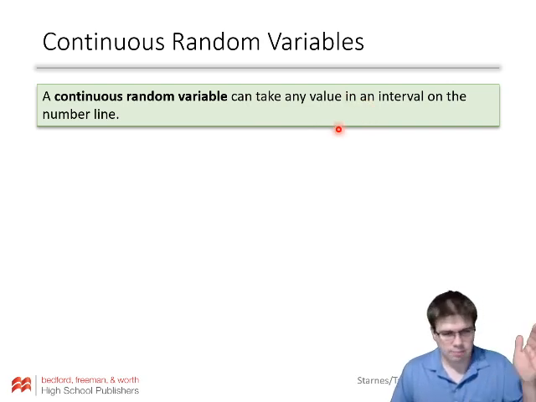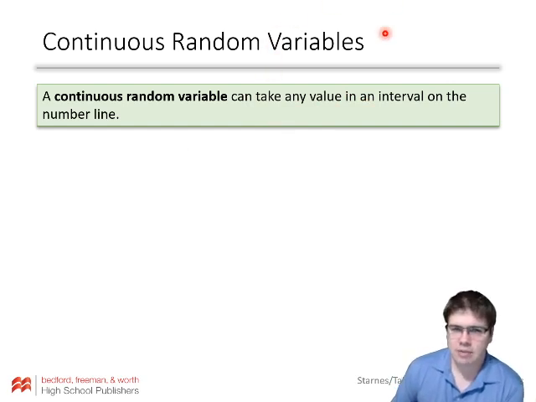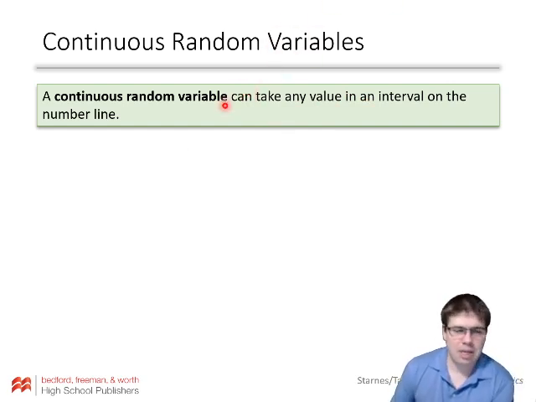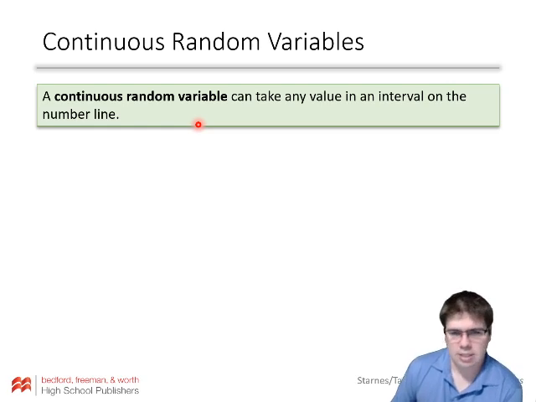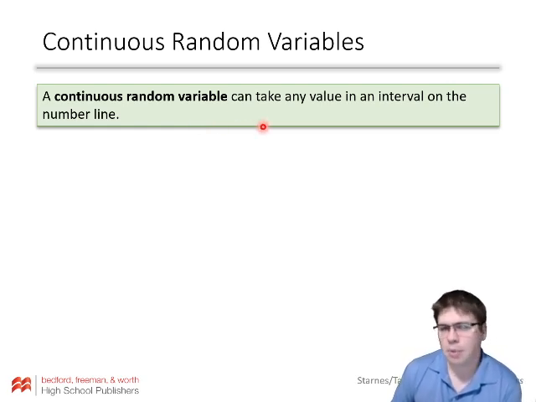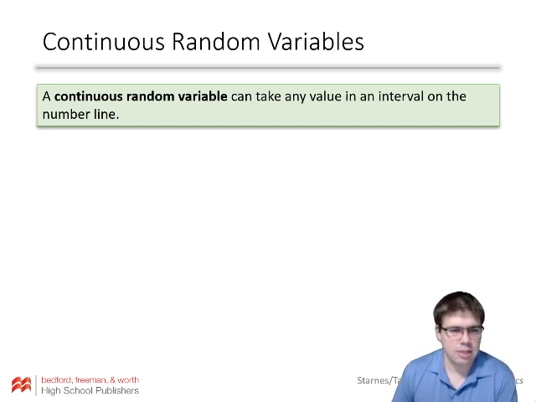So between any two numbers, there's an infinite number of possible values. Things like time, weight, and height are continuous, whereas discrete is things like number of heads, number of wins, or number of siblings. You don't have fractional decimal values for that. There are defined possibilities.